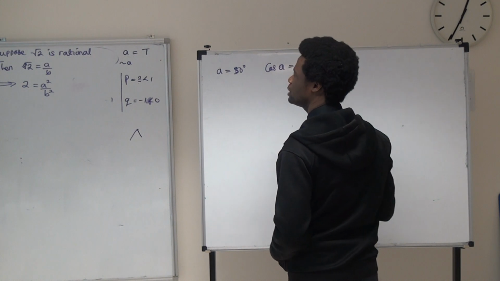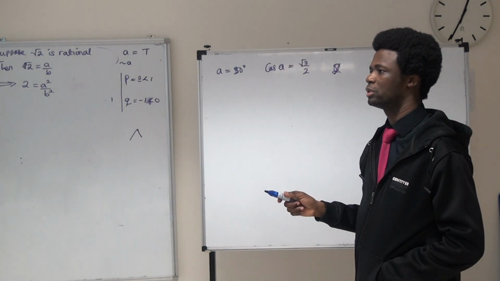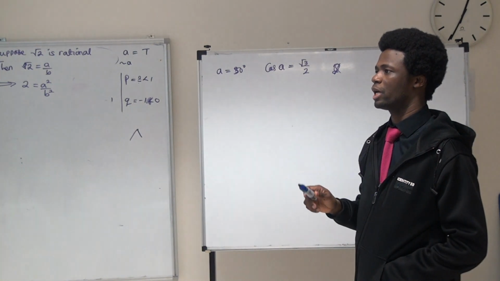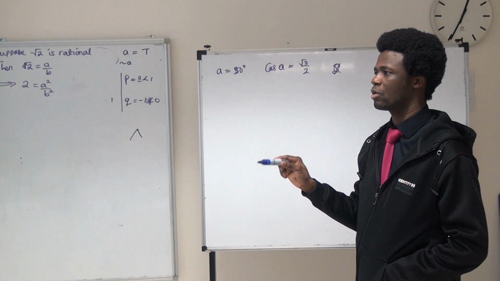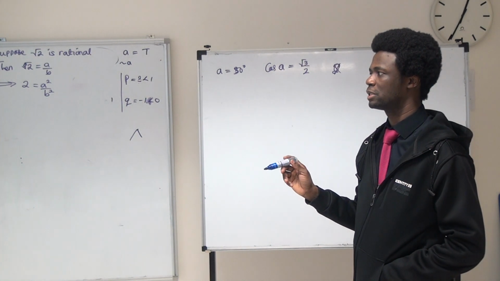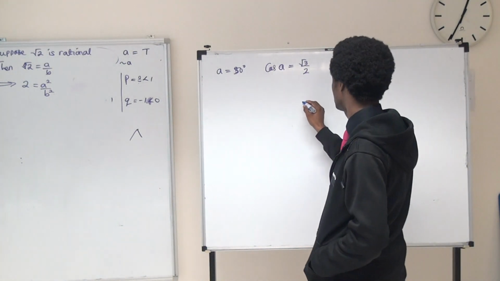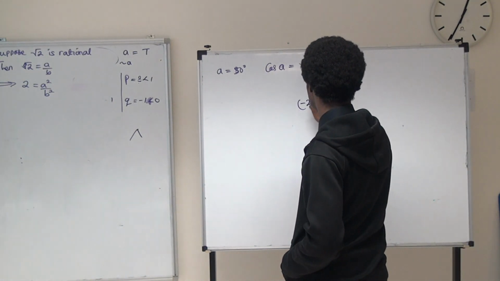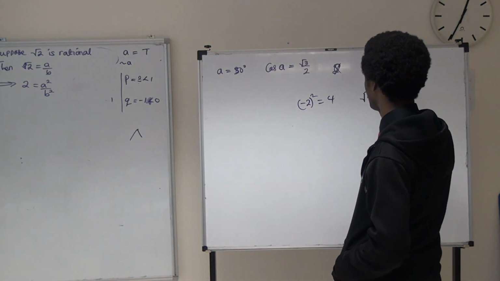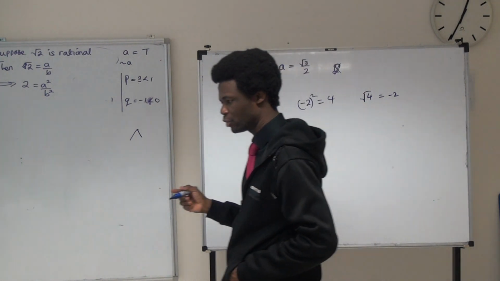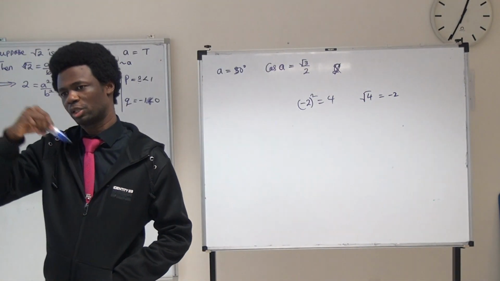Factorial, I wanted to use factorial. If A factorial equals 1, then my A will either be 1 or 0, right? And 0 factorial or 1 factorial will also be that. Okay, let's look at negatives. Minus 2 squared is equal to 4. The square root of 4 can also be minus 2. Okay, I'll think of an example where one implies the other, but the reverse is not the case.